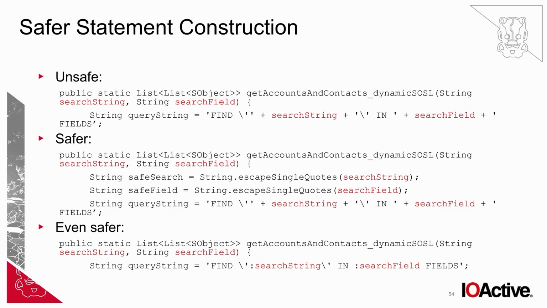The next one down is similar to the thing we looked at earlier. It escapes the single quotes, which stops anyone syntactically breaking the statement, causing errors, or building up some longer search string, but does not stop injection into the search field. The bottom one is the parameterized query, which is a much safer, sanitized version.